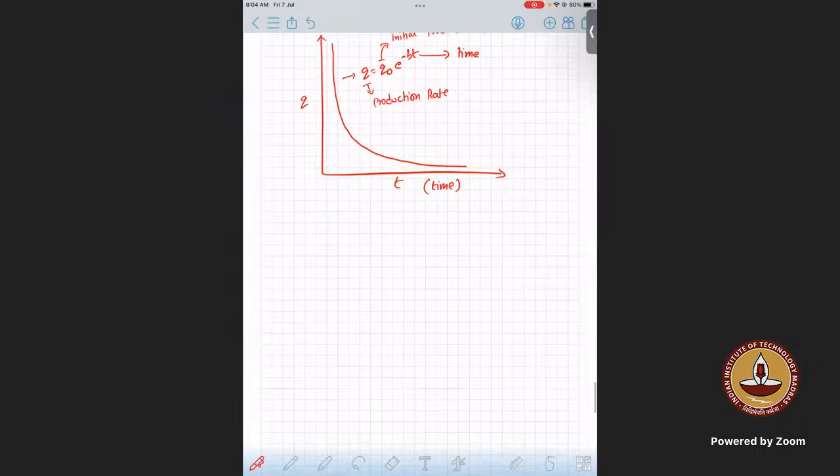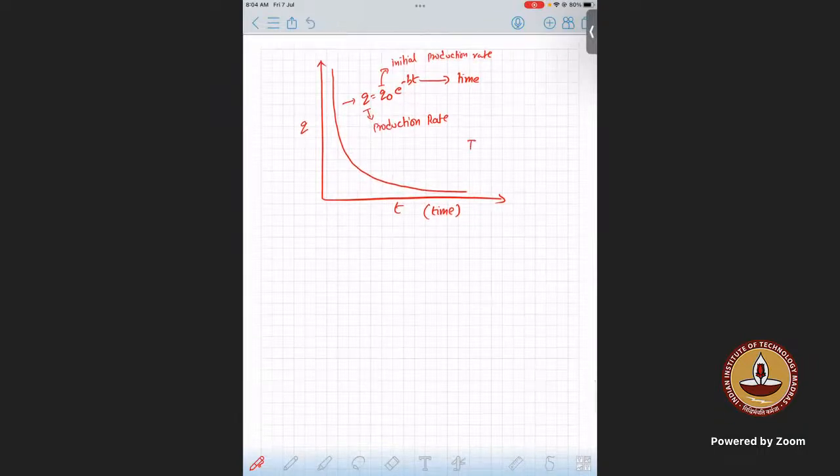Look, if someone asks you for total production, not the flow rate, how will you calculate it from time t equal to 3 days to t equal to 10 days?